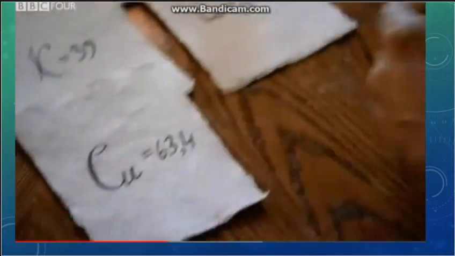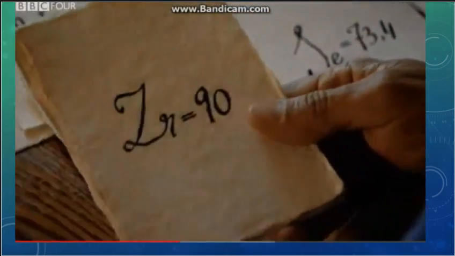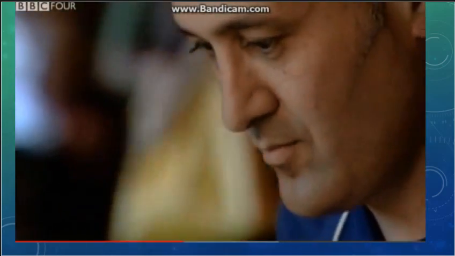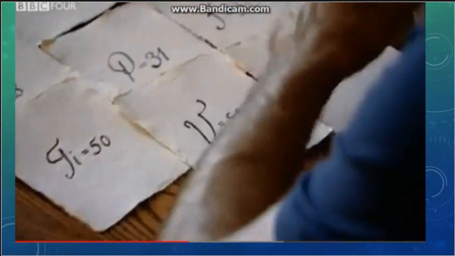The odds were stacked against him. Little more than half the elements we now know about had been discovered. So he was playing with an incomplete deck of cards.